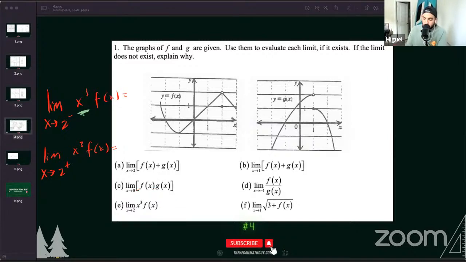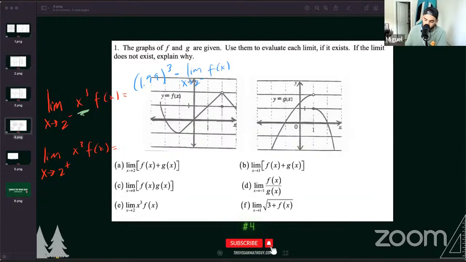Okay. So back to this problem, we said, what is a value that's to the left of 2 but approaching it? It's like 1.99. So really what we're doing here is plugging in 1.99 cubed times, and then we're trying to see what the limit as x approaches 2 from the left is for this function.